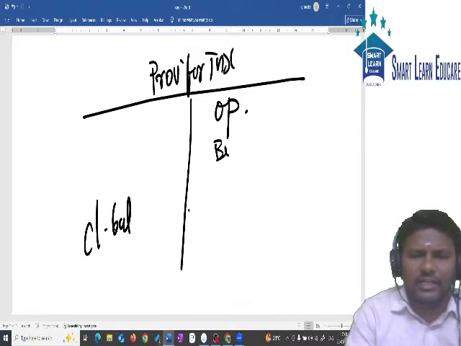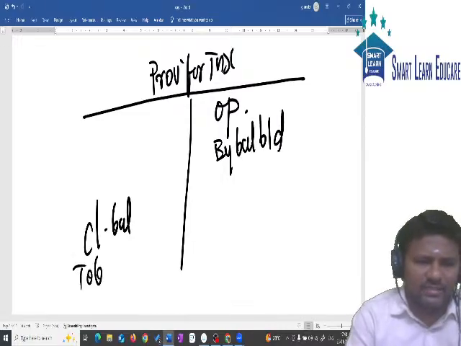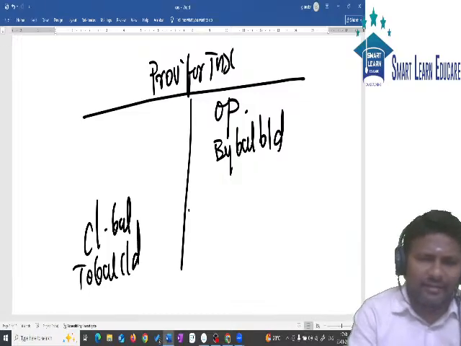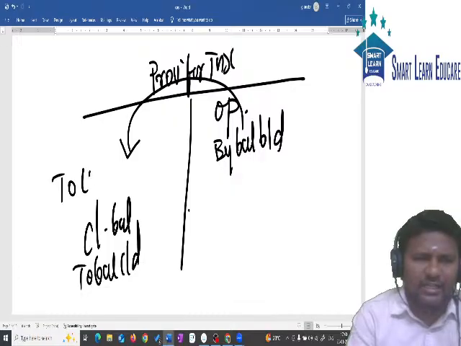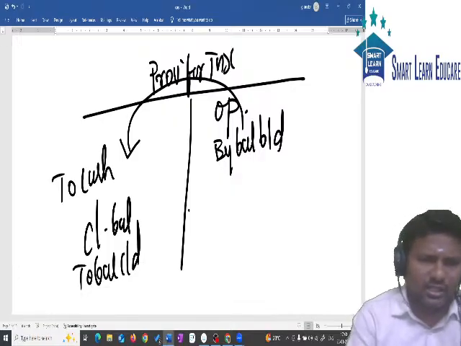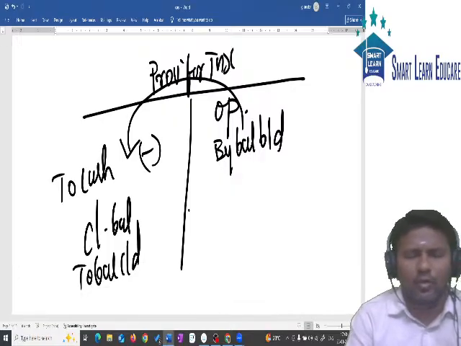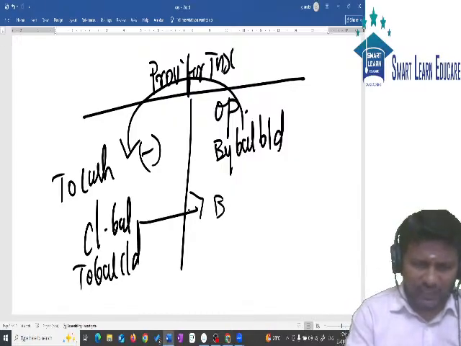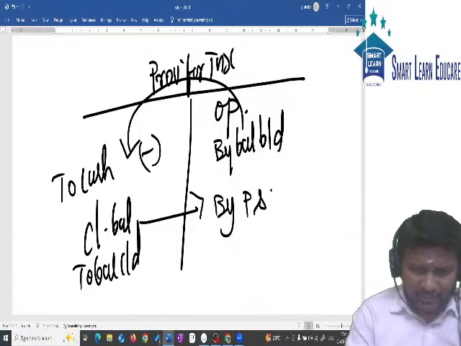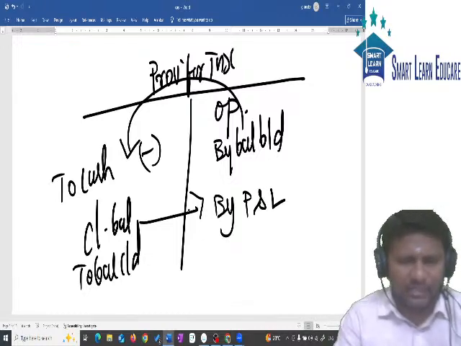Opening balance we will write it as by balance brought down, and closing balance we will write it as to balance carried down. When no information is given that opening balance of tax is paid in the current year, it is to cash. This should be treated as cash outflow in operating activity. And whatever closing balance we have, this closing balance is nothing but the provision which is created in the current year.